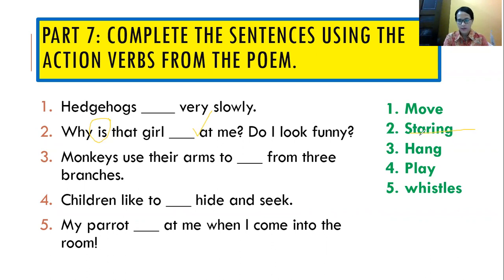You cannot say "stare" only, because a verb and a "to be" will not be together. And then next, number 3, monkeys use their arms to hang from tree branches. Number 4, children like to play hide and seek. And number 5, my parrot whistles at me when I come into the room.